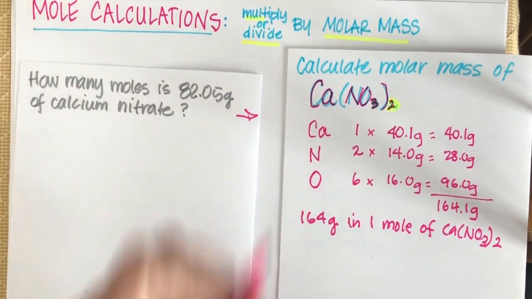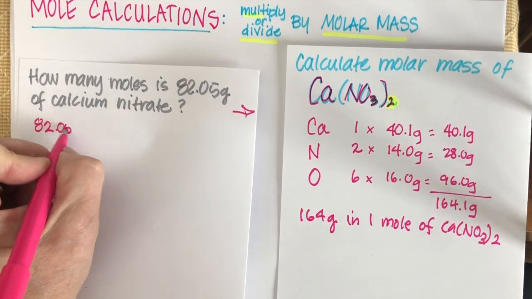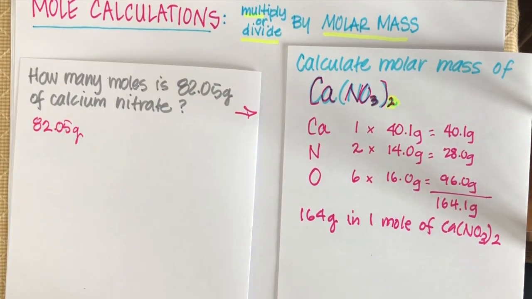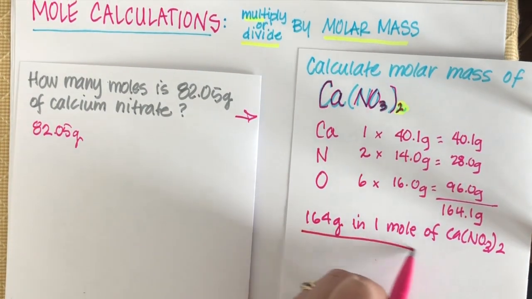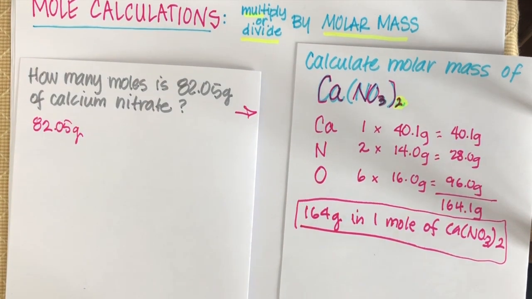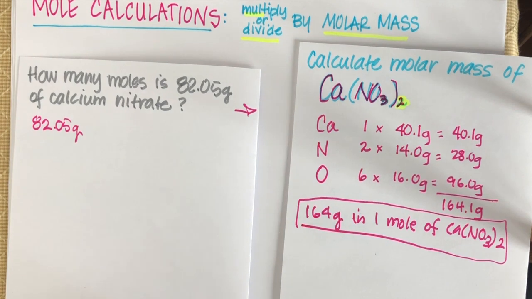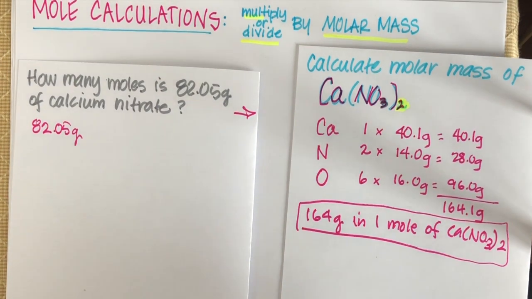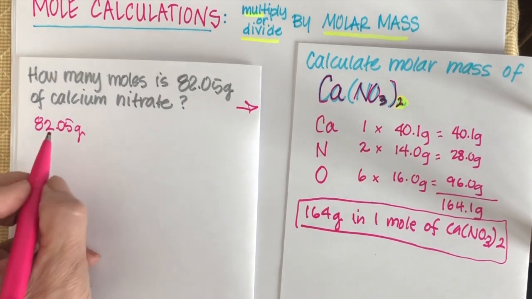Well, that's this stuff. 82.05 grams are where we start. And now we're going to use this value right here as a conversion factor. It looks to me if 164 grams is 1 mole, then 82.05 is about a half a mole. Let's do the math to verify that.